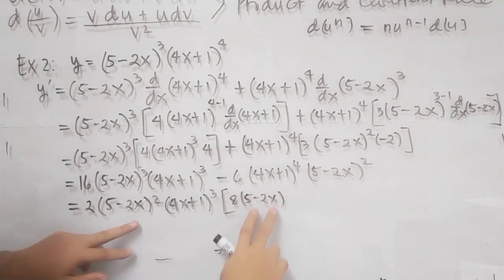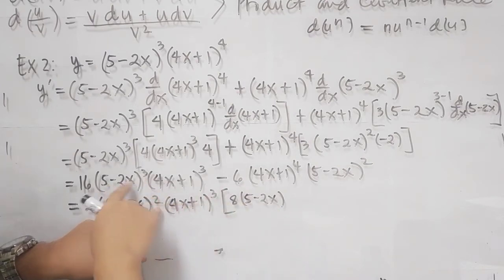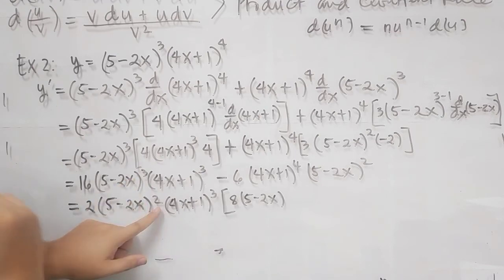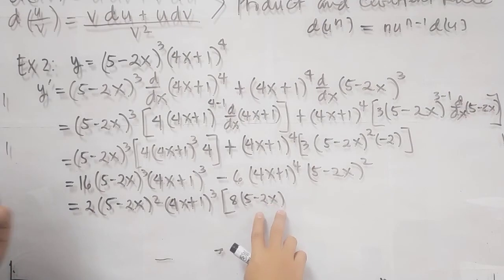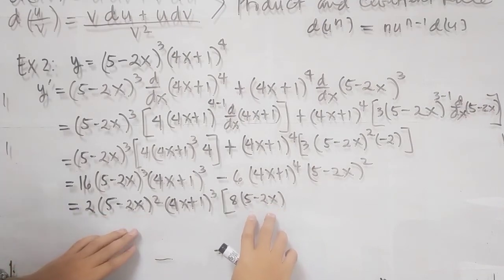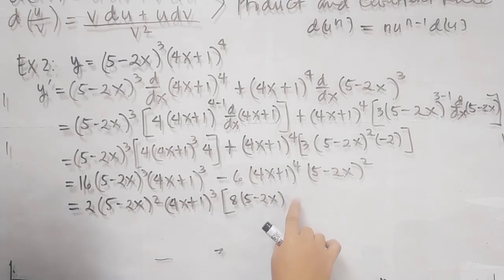So when you multiply 5 minus 2x to 5 minus 2x raised to 2, that is equivalent to 5 minus 2x raised to 3. Okay? So we have 1 degree left for this one. And then for 4x plus 1 raised to 3, we already have 4x plus 1 raised to 3 outside, so we need not write it again.